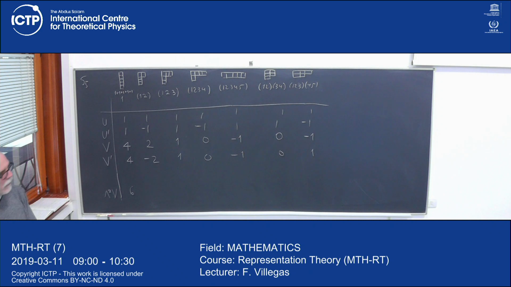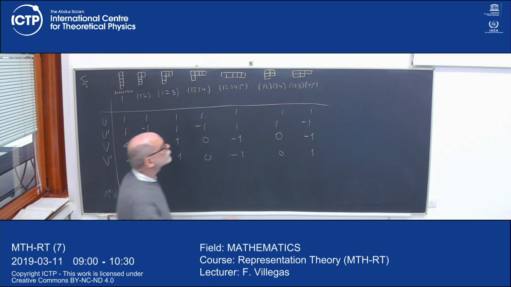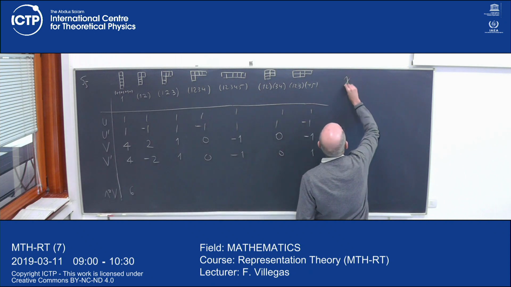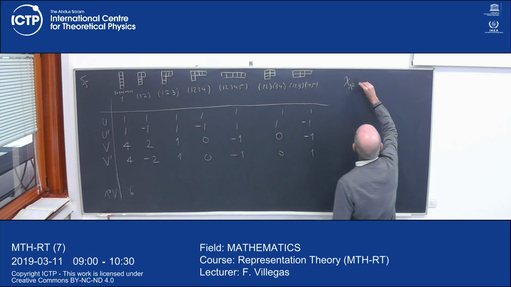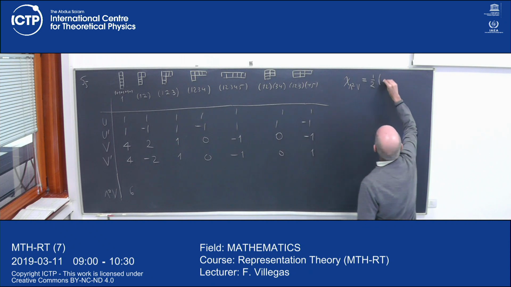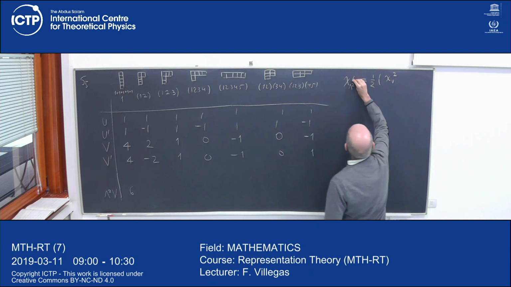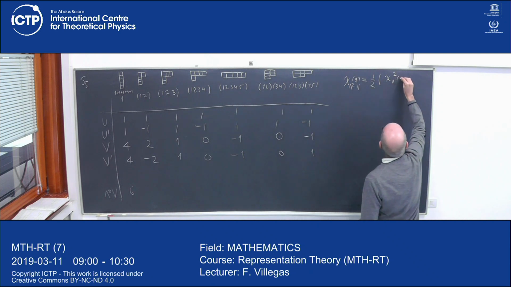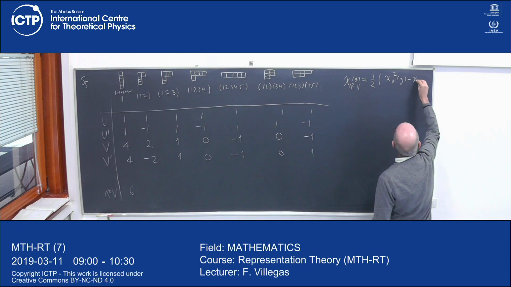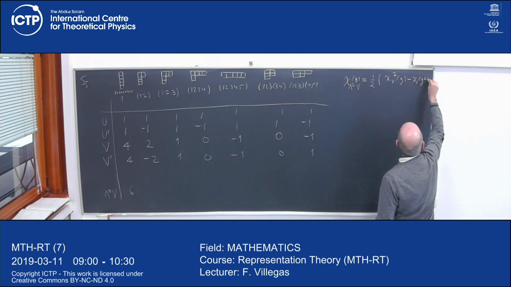What's the rest of the character? How do we compute the rest? So the character of wedge 2 of V in any representation is chi of V of g squared minus chi of V of g squared, over 2.